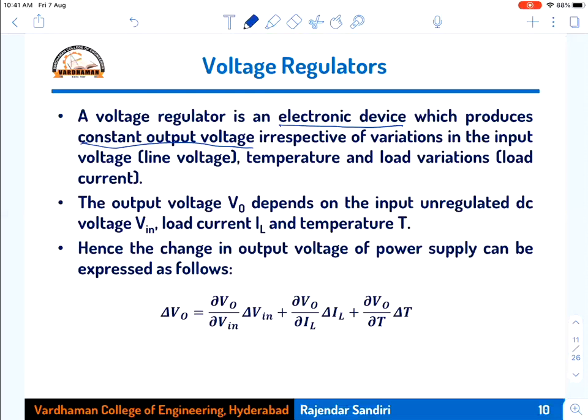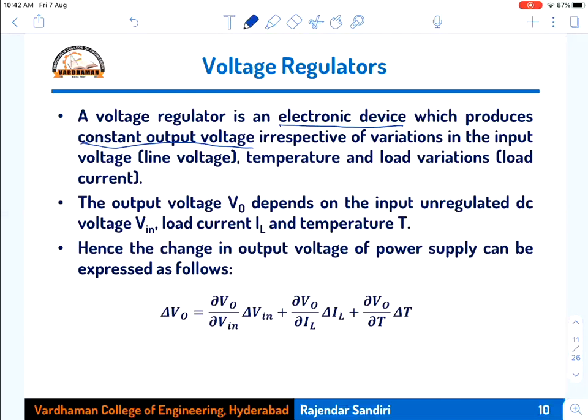Even then it will provide the output as a constant voltage. If any temperature variations are there, it should still give a constant voltage. If any load variations are there, a load variation is a load current variation or load resistance variation. If you change the resistance, the current also changes, and that we call a load variation.